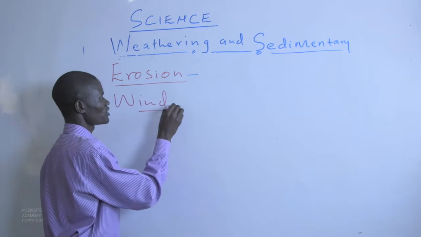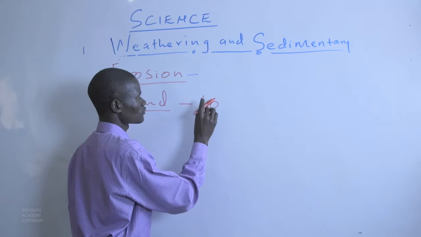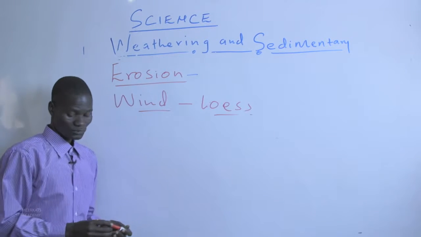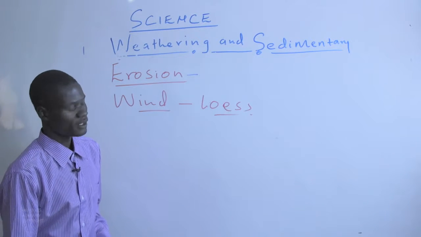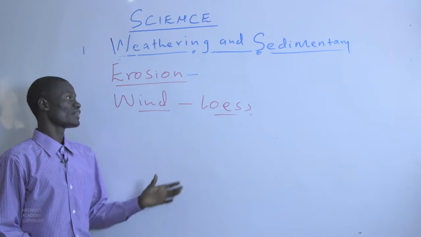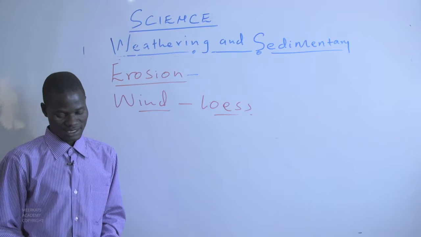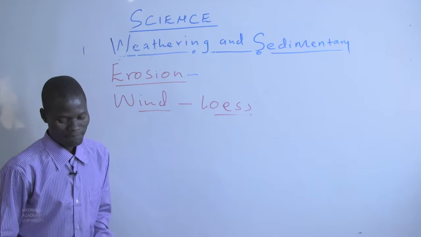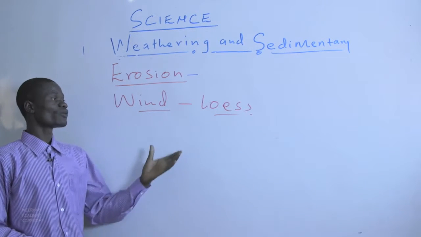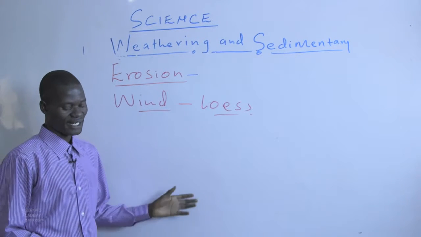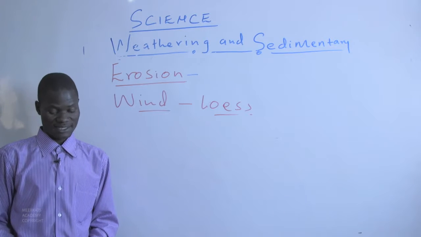We are looking at the wind. When wind acts as an agent of erosion, especially in a dry environment such as the desert, it may wipe out particles which are carried over a long distance.